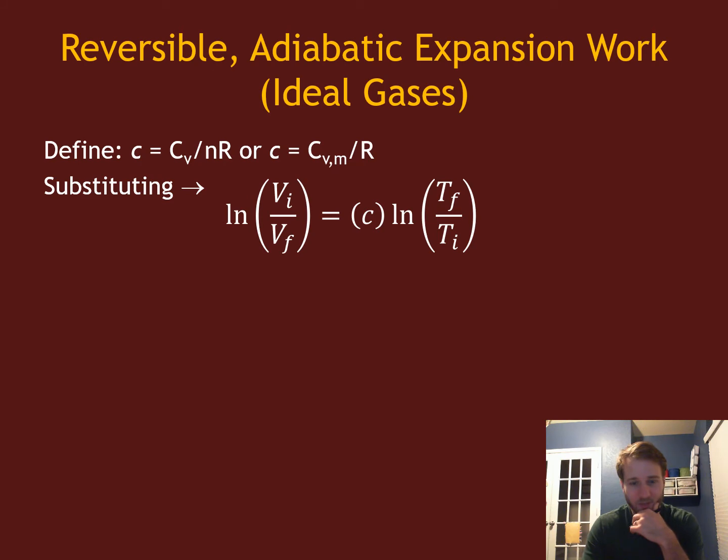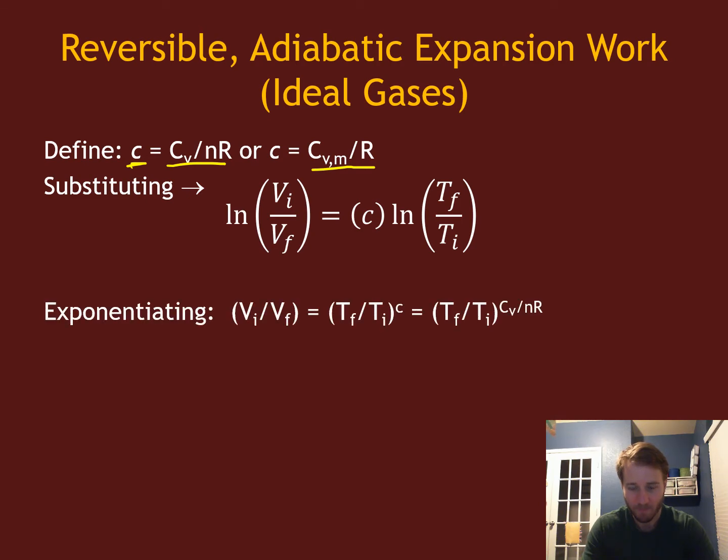Okay, so if we define this C here as CV divided by NR, or the molar heat capacity divided by R, plugging that into this equation, and then if I pull C up here, then I'll have the natural log of V initial over V final equals the natural log of T final over T initial raised to the C power.